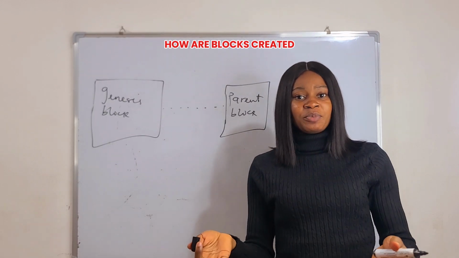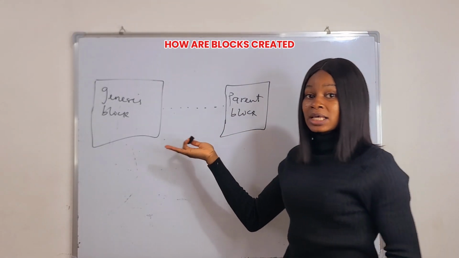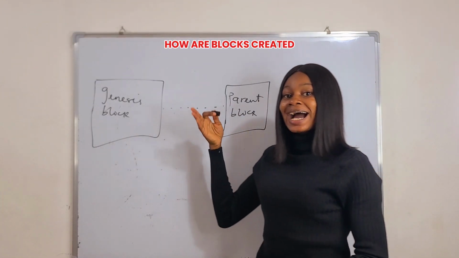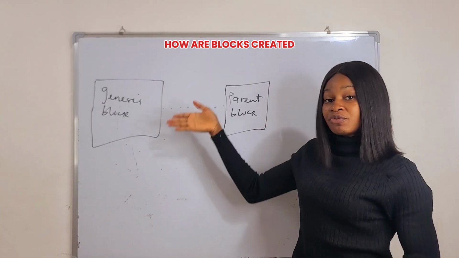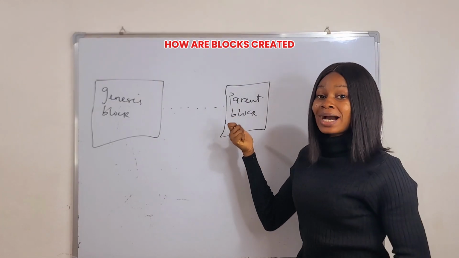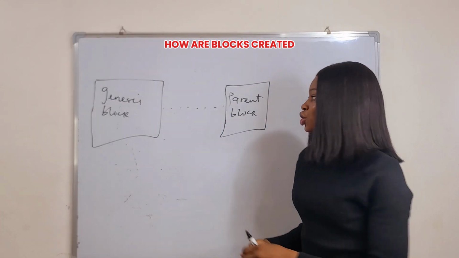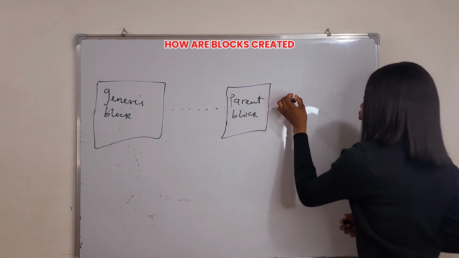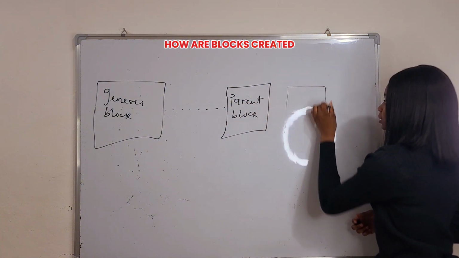So what is basically a parent hash? Remember that every block has a block header. For a particular block, it needs to have the hash of the previous block, and that is what is entered in the current block as the parent hash. So let's say we want to get a new block here, right?